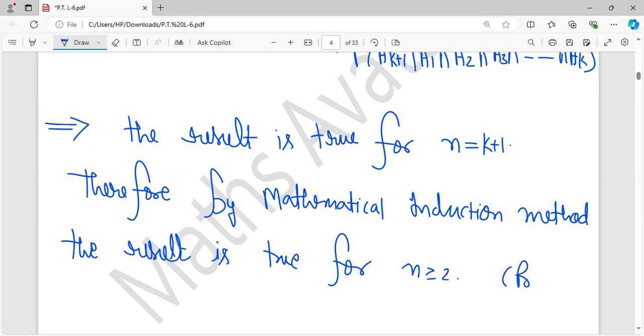So this is true now. The formula is true. Okay. Now we will see some examples on it.